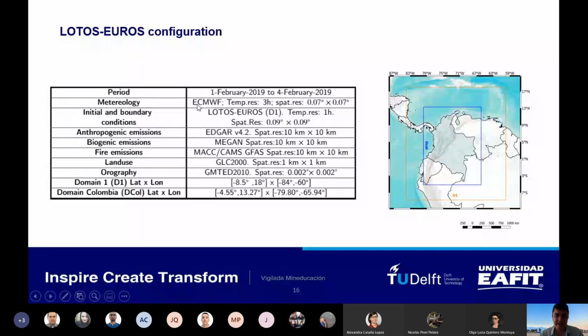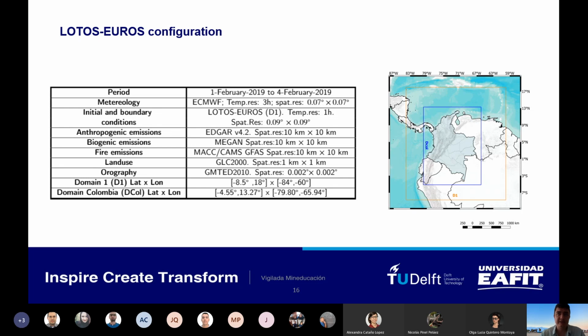Different characteristics: the methodology that we use, the boundary condition and the spatial resolutions of them, the kind of emission we are using. This is important, the EDGAR emission. Let's see that we are going to be focused on updating this emission, because it was an emission created for other countries, and the most recent one we have for Colombia is from 2012.